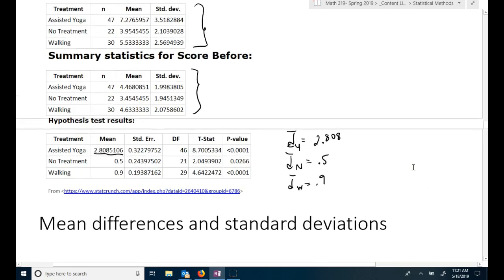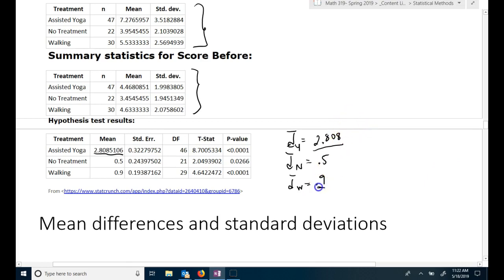Now what this tells me is that the assisted yoga group actually has a much larger difference, right? We got a change of 2.808 in terms of its average difference from before to after. That's a pretty significant gain.